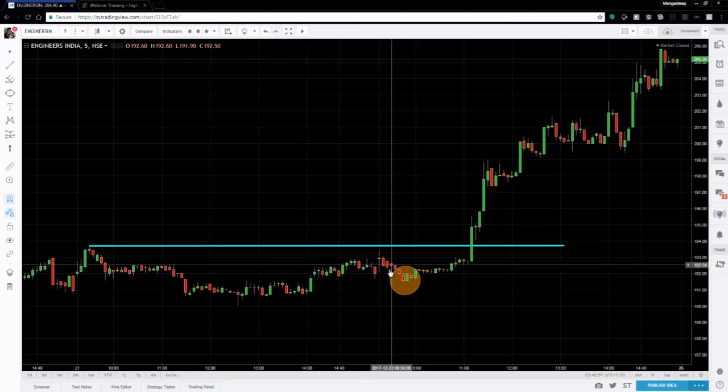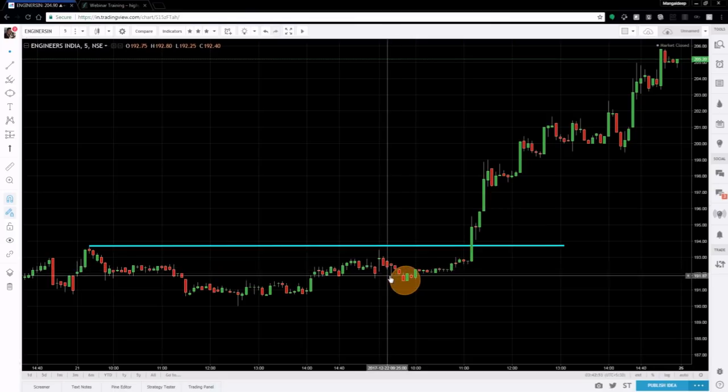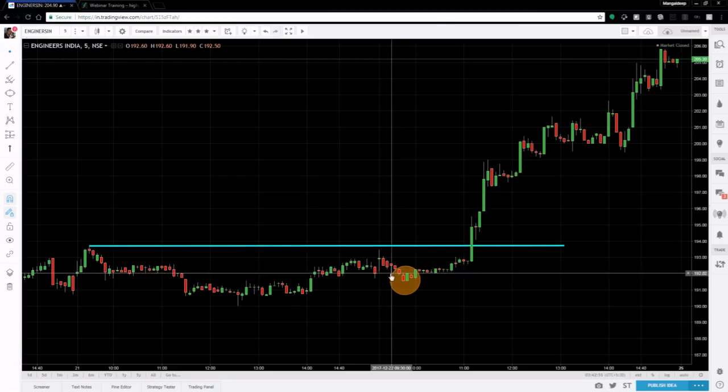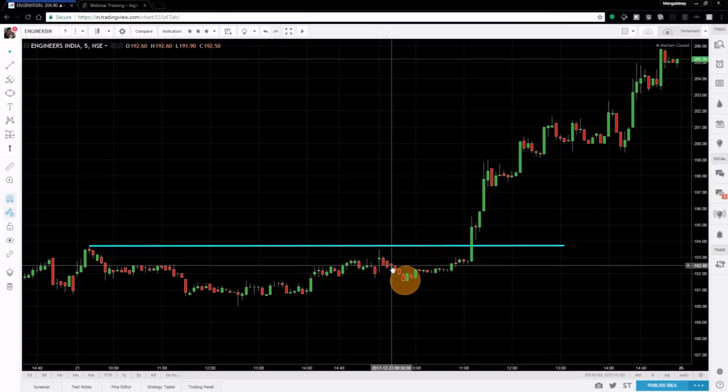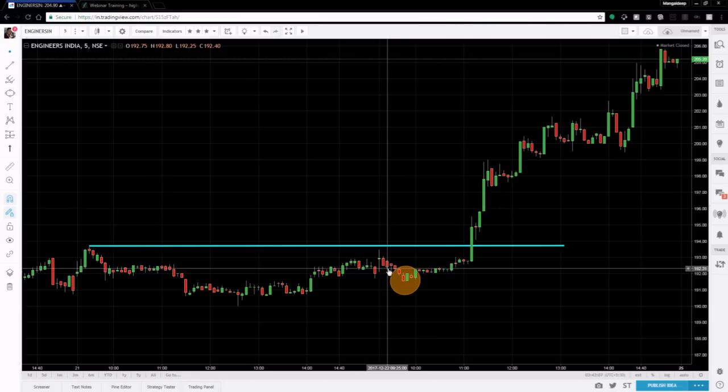And the fourth candle, if you see the wick here, it tells me that the buyers are trying to push the stock up. But by seeing the second and the third red candle, I cannot be very sure about that. So I wait further, or in fact the trader who is trading price action will wait further.